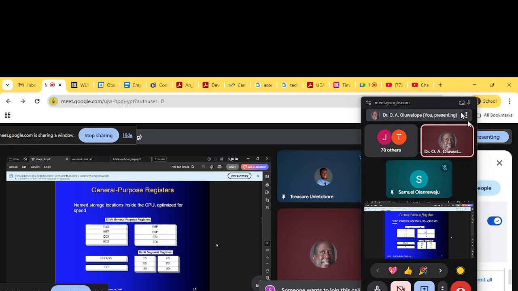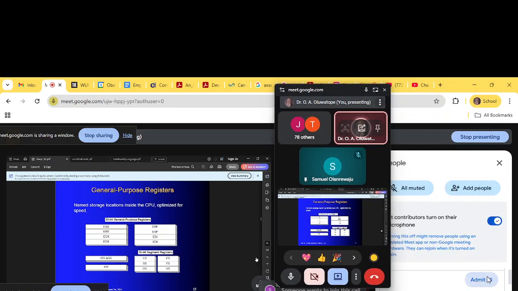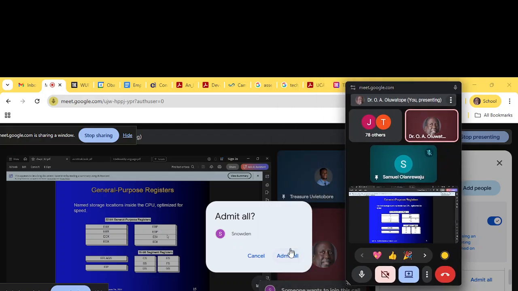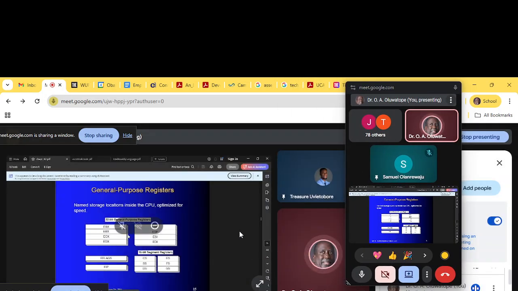Now, let me just give you some shorthand. The A stands for accumulator, as accumulation simply means addition. So most times you find A registers used for arithmetic operations. B registers stand for base. The B registers will be used for base addressing, index, array, tables, and all of that. C stands for count.